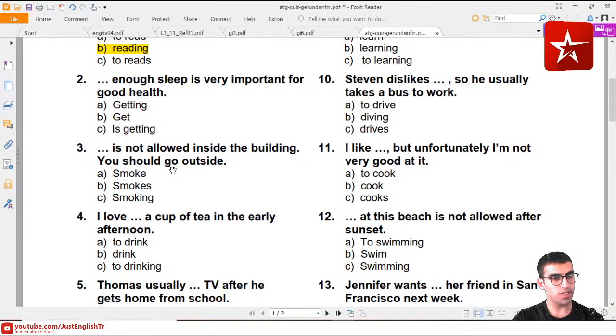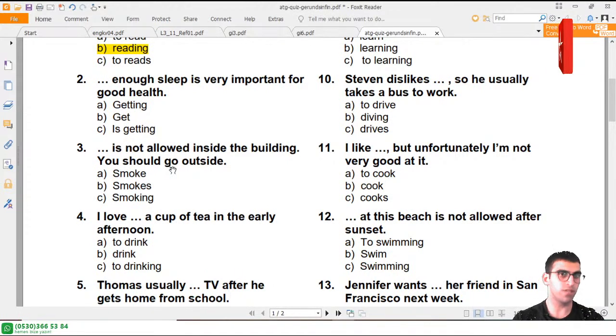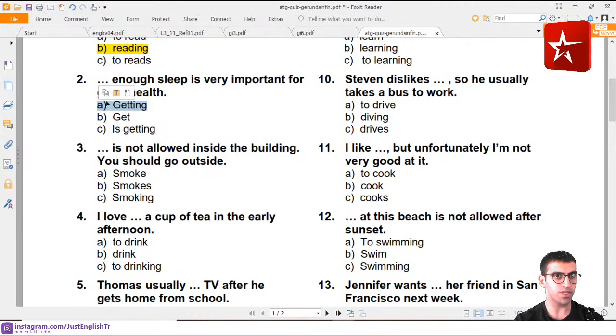Yes, number 2 is getting. Getting enough sleep is very important for good health. Getting is the subject of the sentence here. It is a gerund we have to use. So the correct answer is A. Aisha and Hava, your answers are unfortunately wrong, but others were correct.